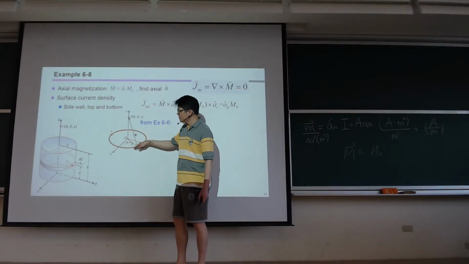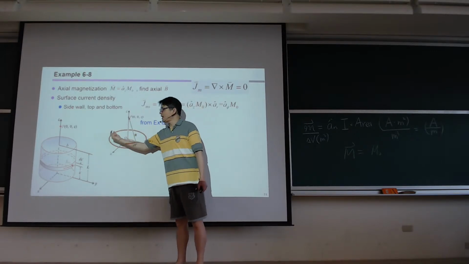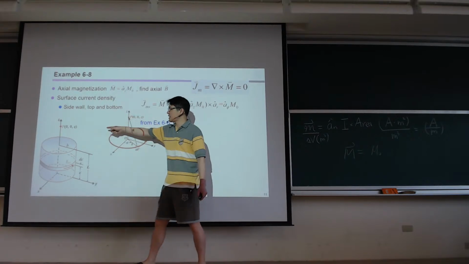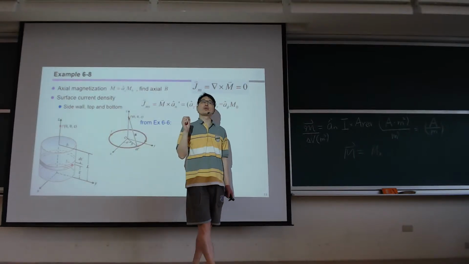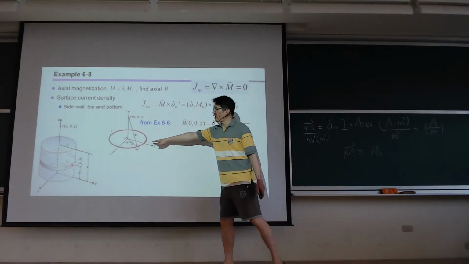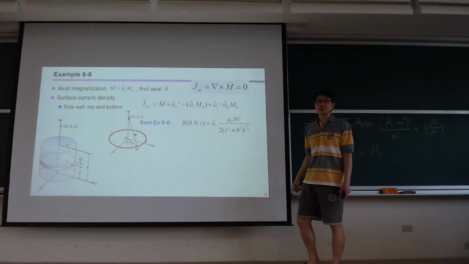For a simple current conducting loop with current I, and our observation point is 0, 0, z, same here. We already know the result. So if I have only one current loop, I know this is my end result from our previous example.